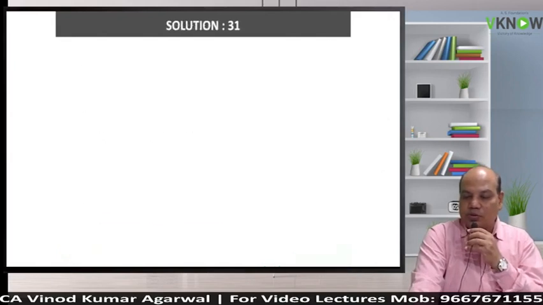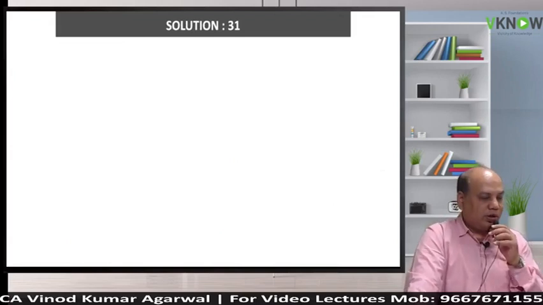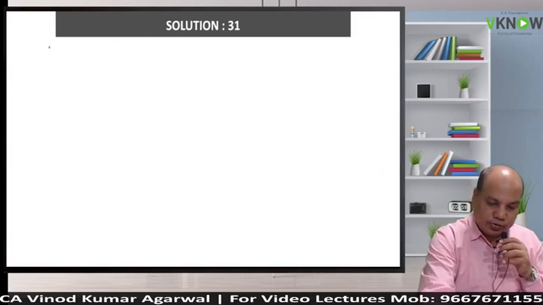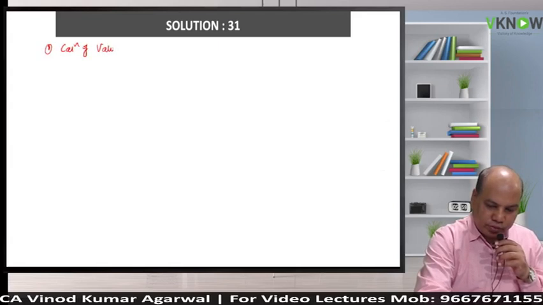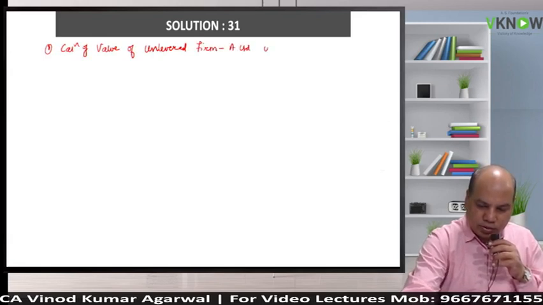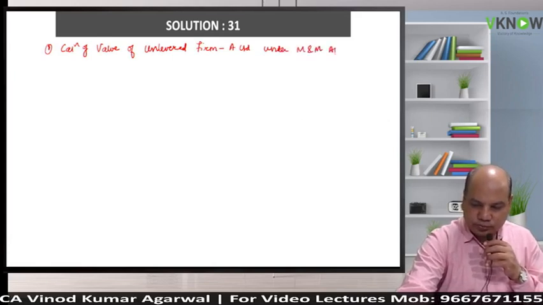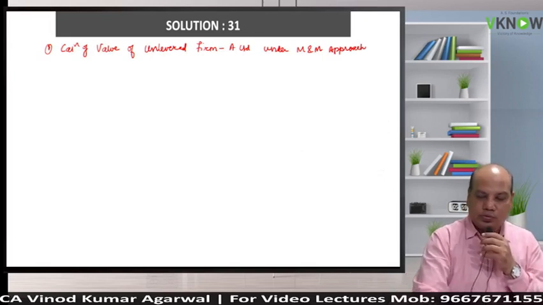Which company should we value first? Unlevered firm, right? Which is the unlevered firm? A Limited. So first write down the calculation of value of unlevered firm A Limited under M&M approach.